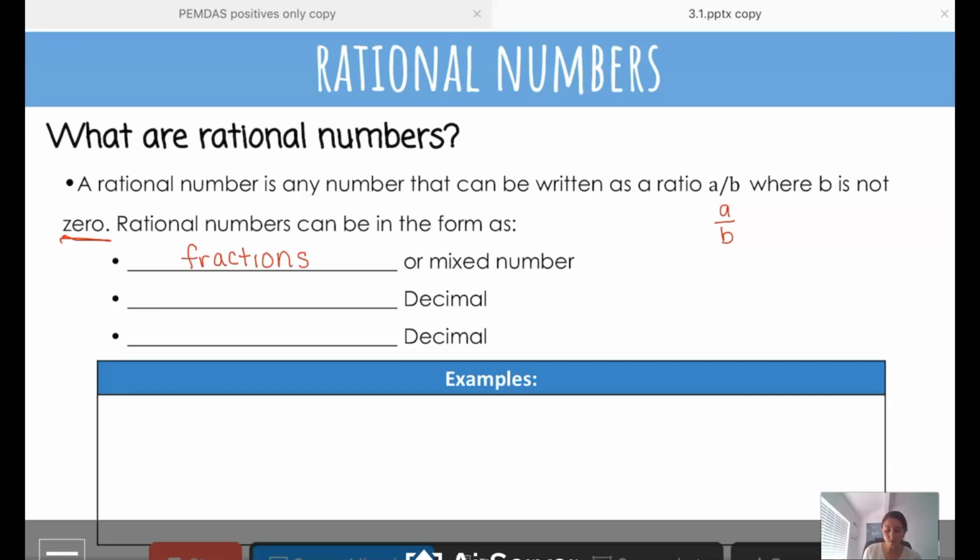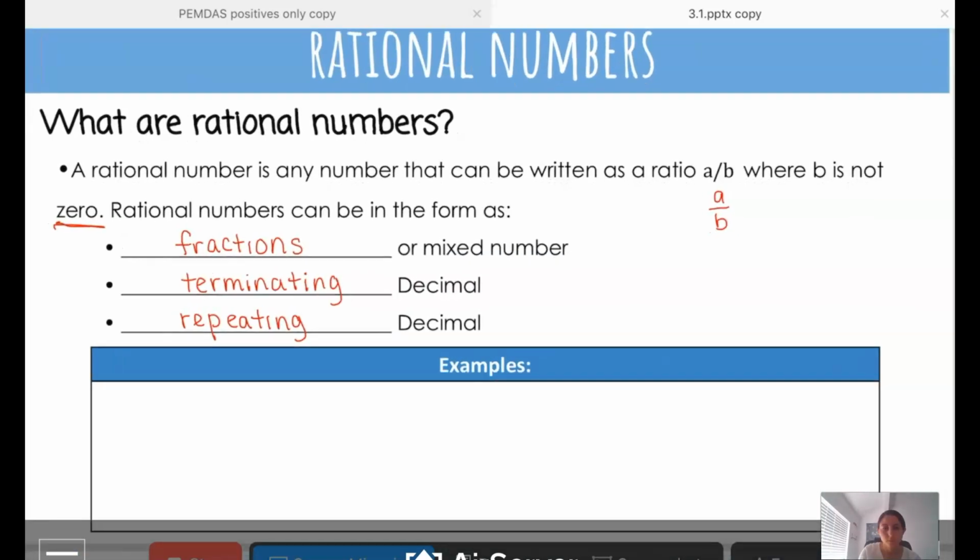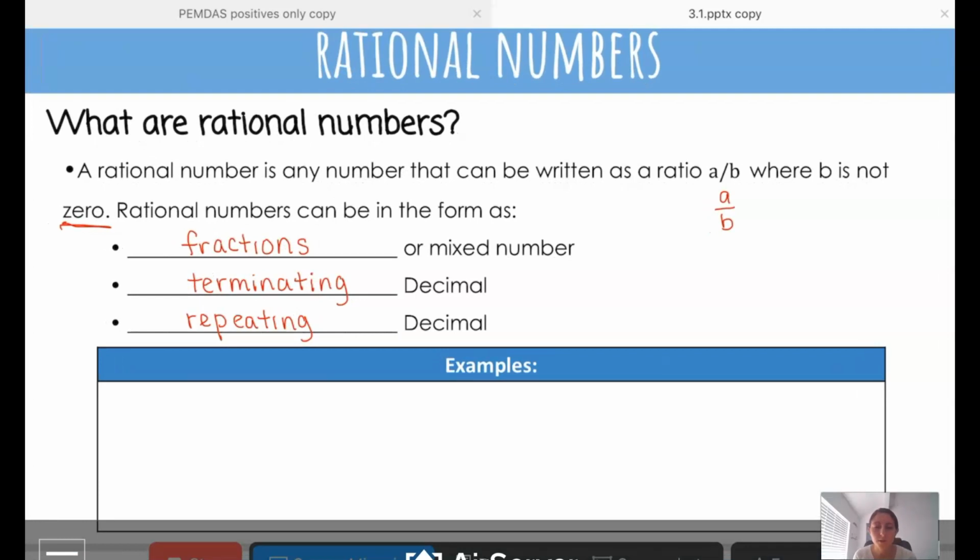Other things that can also be considered a rational number are terminating decimals. So those are decimals that end, and we'll talk about that a little bit more shortly. And repeating decimals. And repeating decimals are decimals where the digits repeat, and we'll talk about that in more detail later on.